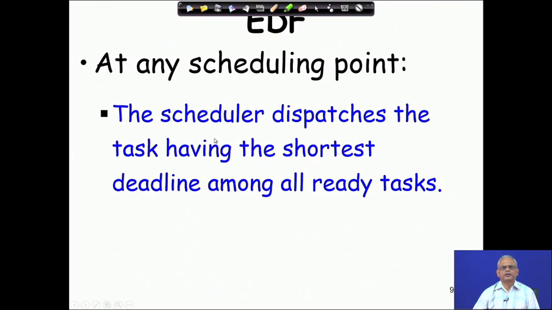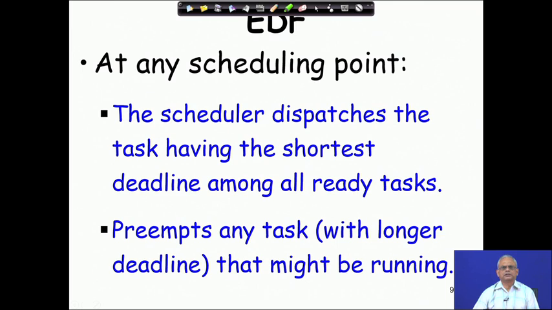I hope this point is clear, why it is called the earliest deadline first scheduler: at every scheduling point the scheduler starts running, checks all the tasks that are ready, finds out the task that has the earliest deadline, and then starts to run it.